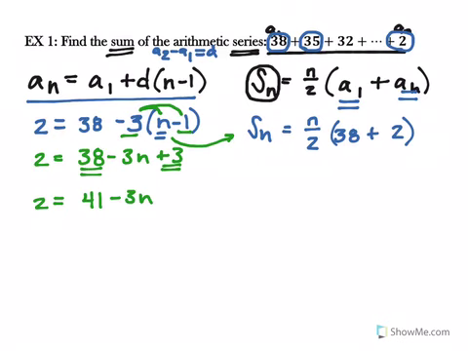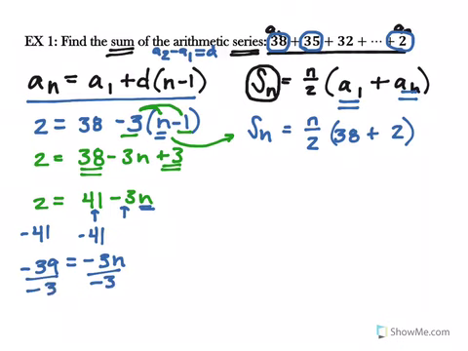We're trying to isolate n, so we need to get rid of 41 and then get rid of this negative 3. We'll subtract 41 from both sides, giving me negative 39 is equal to negative 3n, and then divide both sides by negative 3, giving me 13 is equal to n.